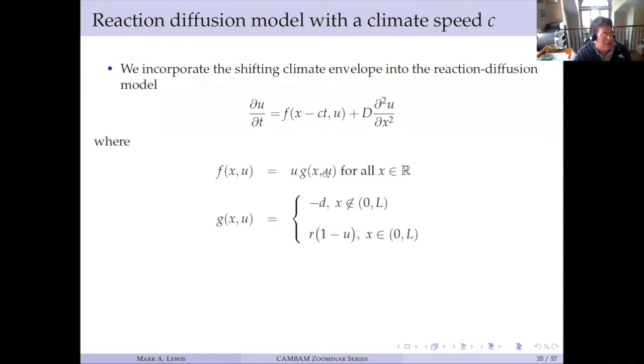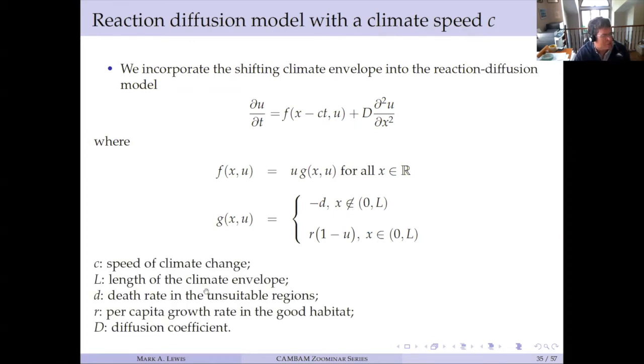Our model otherwise looks just like the previous model, with growth inside the patch and mortality outside the patch. Again, this is a reminder of the parameters in the model, and they have not changed. The only new thing is that c is now used to describe the speed of the climate change, the rate at which the isoclines are moving northward.